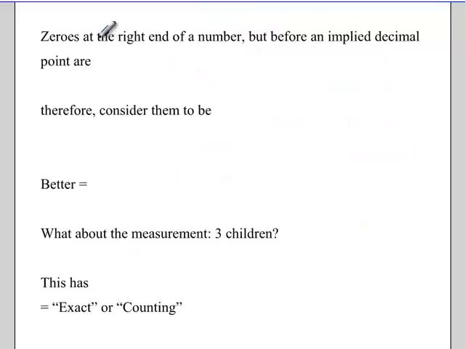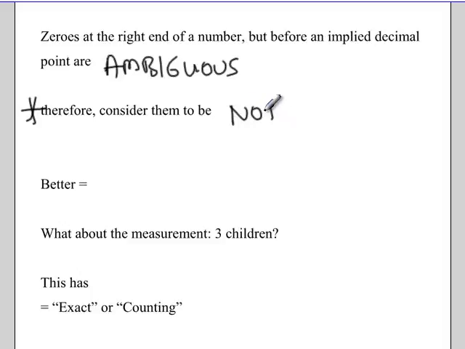Technically, that's a trailing 0 before an implied decimal point. So technically, the book will tell you that those are ambiguous, whether they are significant or not. For this class, we're going to consider them to be not significant.